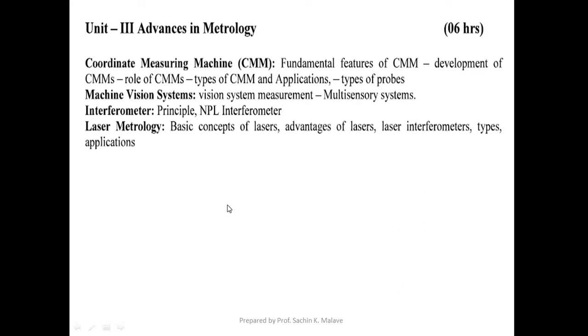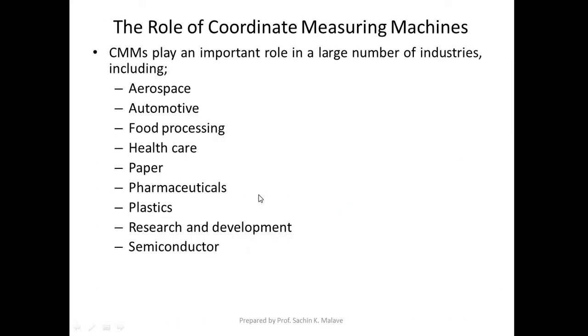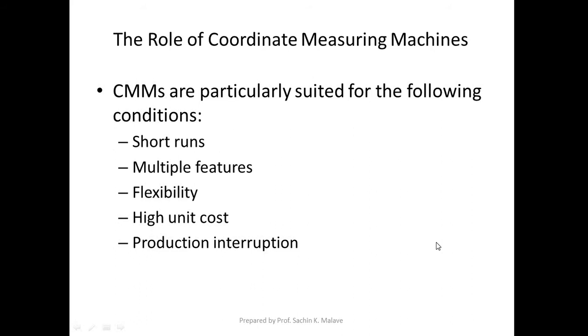In previous lectures we have just been introduced to the advances in metrology. There we discussed the role of coordinate measuring machines, CMMs, where they are being used, and in what conditions coordinate measuring machines are suitable.